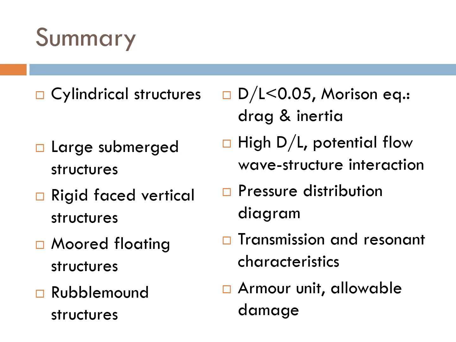For floating type structures, the transmission coefficient is one of the most important design parameters, whereby it needs to be investigated to ensure that the structures are able to function effectively to attenuate the wave energy.